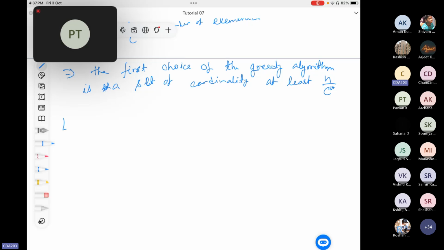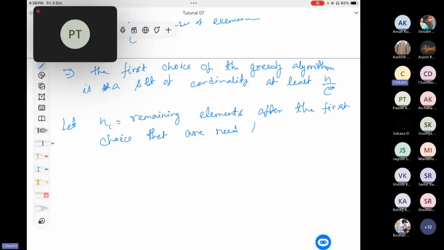Now let n1 be the remaining elements after the first choice that need to be covered. What is this number?